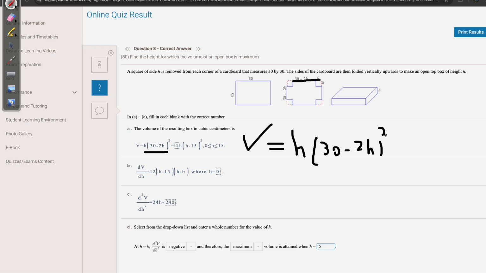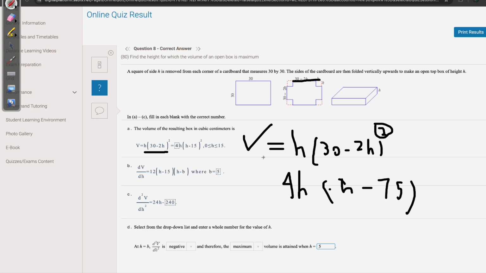Now what they did here, okay, they factored out 4. We can factor out a 2, but in this case, since it's squared, we're basically taking out a 4. So it's 4h times, you can take out negative 2, which is basically 4 at the end of the day, h minus 50, doesn't matter.